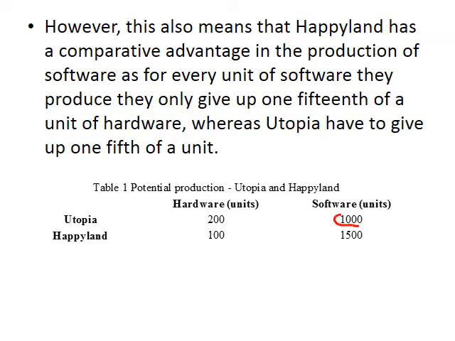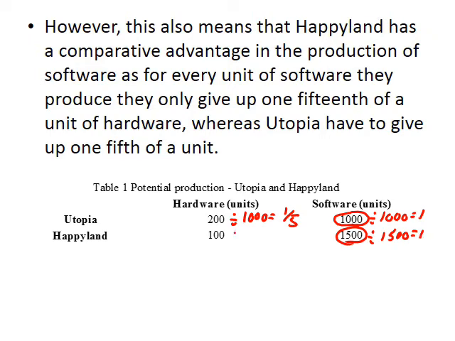We want to know for 1 unit of software, what is the opportunity cost for each country. Let's focus on Utopia first. To get this to be 1 unit, we have to divide by 1,000. Equals 1, and then as a ratio we have to divide the other by 1,000 and we get 1/5. Focusing on Happy Land with software, we have to divide by 1,500 to get 1.